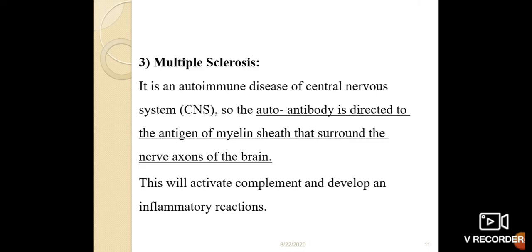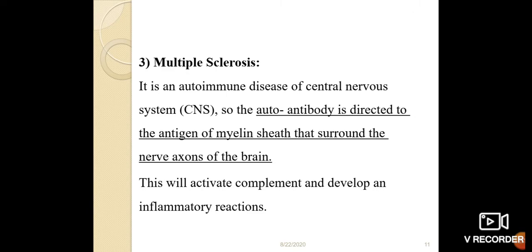We're going to discuss also here multiple sclerosis, which is another type of autoimmune disease of the central nervous system, and it happens due to production of autoantibody directed against the myelin sheath surrounding the nervous axons.